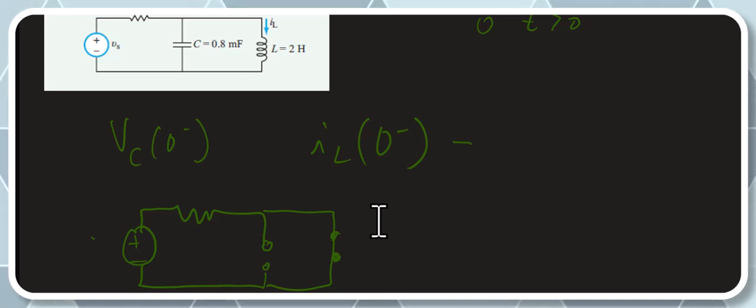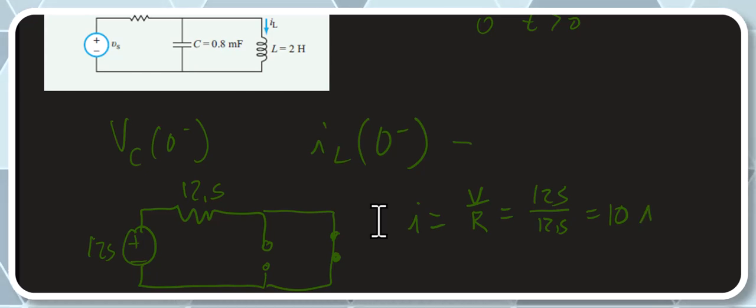So this was 125 and this was 12.5. And so our current is going to be V over R, or 125 over 12.5, or 10 amps.